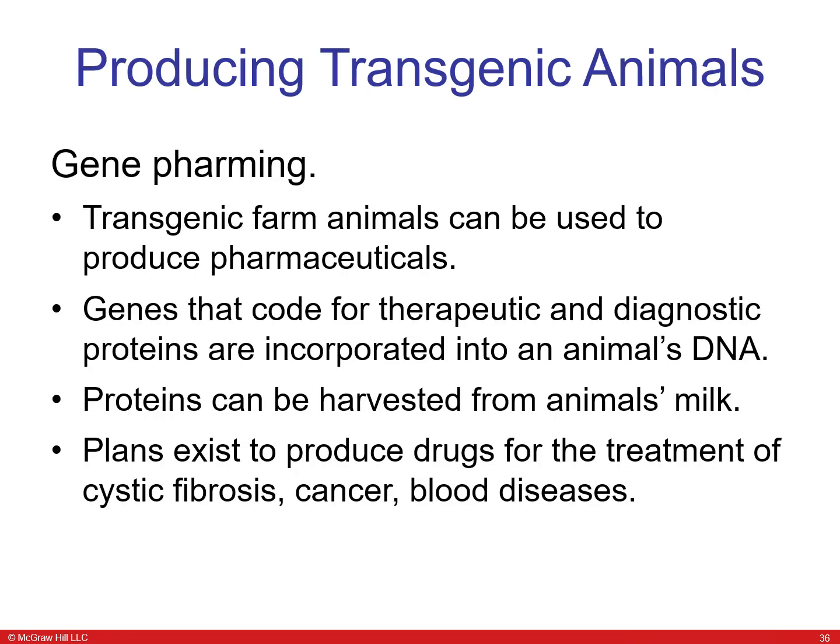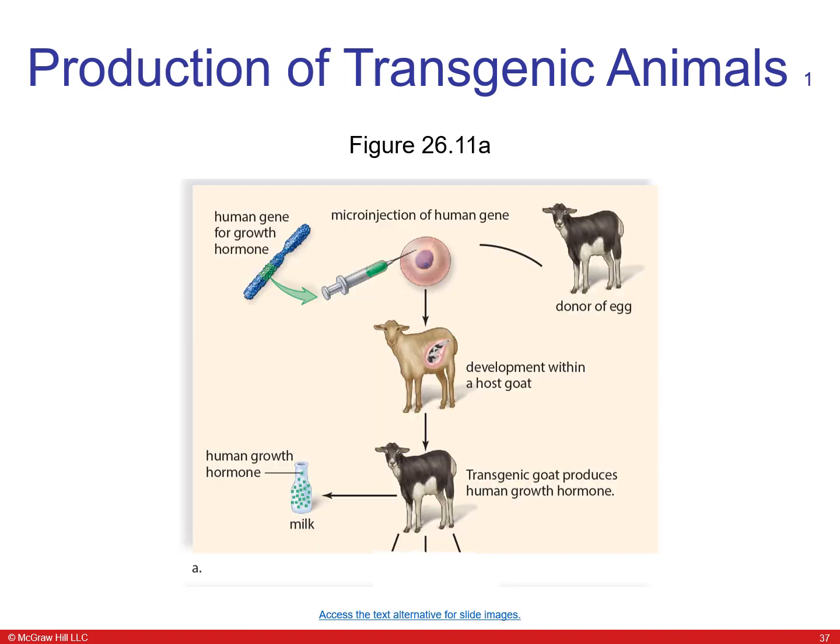Transgenic farm animals can be used to produce pharmaceuticals, and the protein can be harvested from the animal's milk. This is a diagram of how you produce transgenic animals. You microinject the DNA into a donor egg, place it in a goat, and then you milk the goat to get the protein.